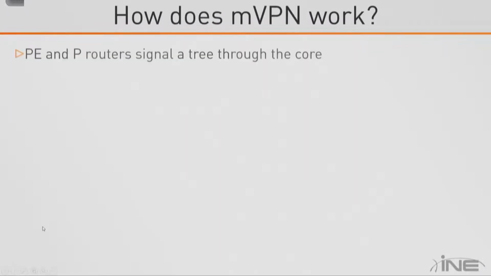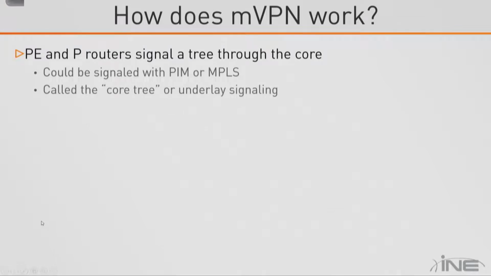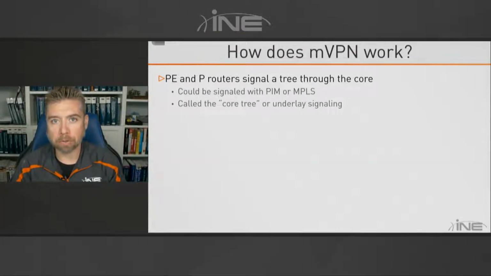Okay, so how does this work from a high-level overview? First thing we need to do is signal some sort of tree through the core of the provider network. We could signal this with PIM, or we could signal this with MPLS. Within MPLS, there's a number of different sub-options. These are going to be the profiles that you choose. It could be a traffic engineering tunnel.